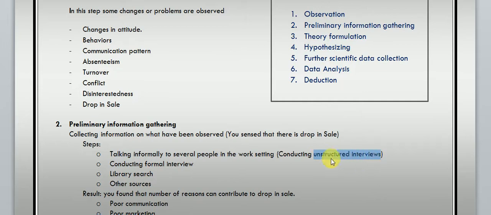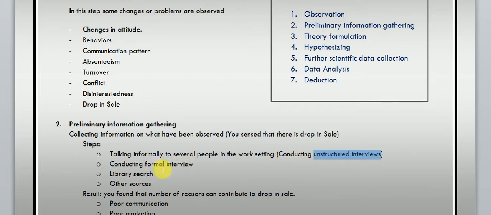You ask them why there is a drop in sales, and you collect some information from them about this change.